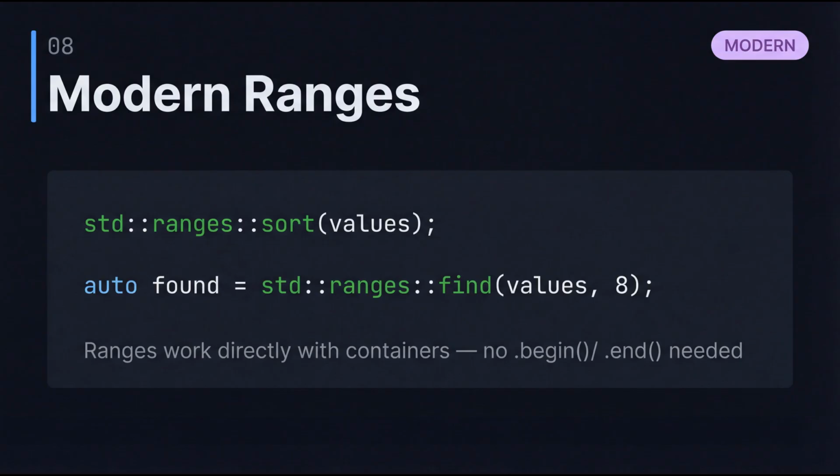No more begin-end boilerplate. The ranges versions work directly with containers. They also support projections, which we'll see next. If your compiler supports C++20, prefer the ranges overloads. They're shorter, harder to misuse, and more expressive.